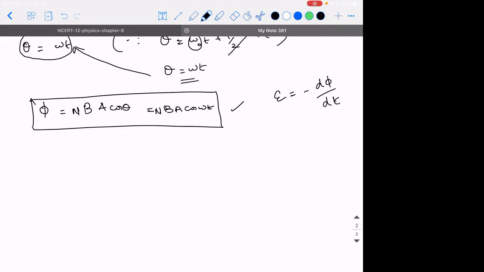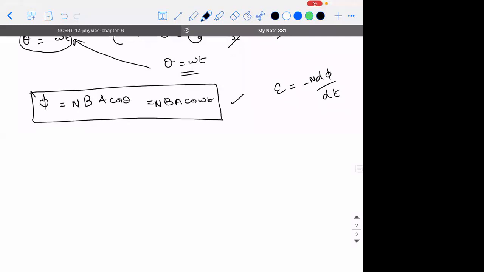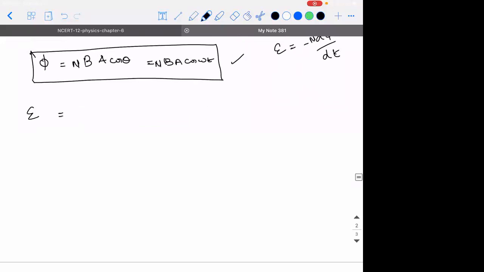Because we have the armature coil, it is not of one turn, it is made up of n turns. Right? So can I write EMF is equal to minus n into d phi by dt?